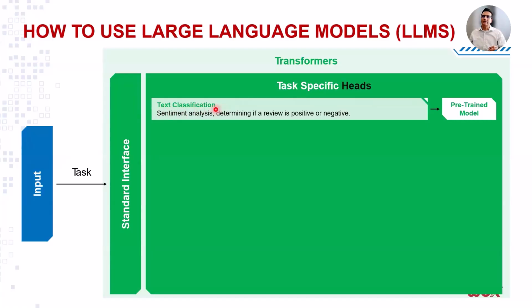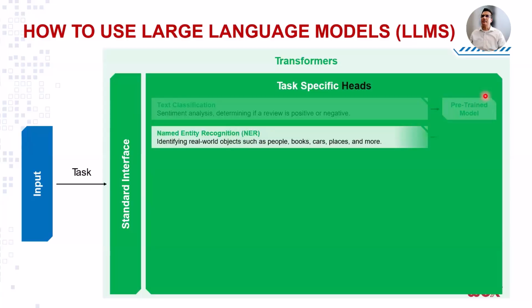When you call this task head, it uses a pre-trained model that is trained to perform sentiment analysis or classification and provide you output. But let's say you want to perform a different task like named entity recognition. Named entity recognition is essentially identifying real-world objects in the text that you provide, like people, cars, places, books, something that is real world.